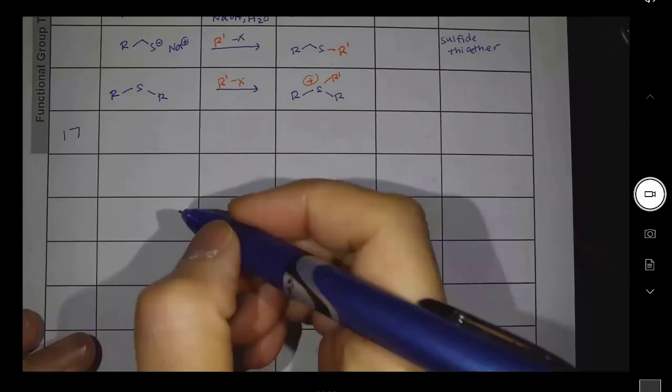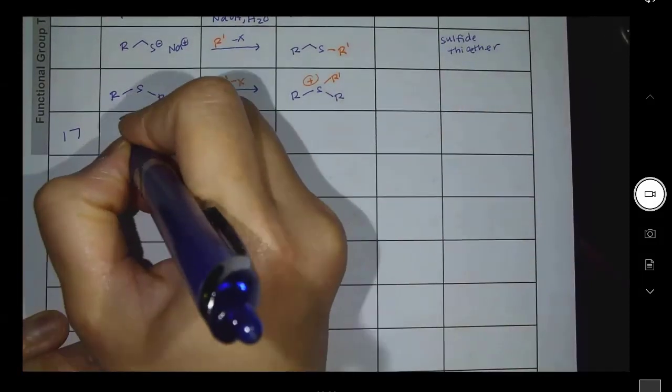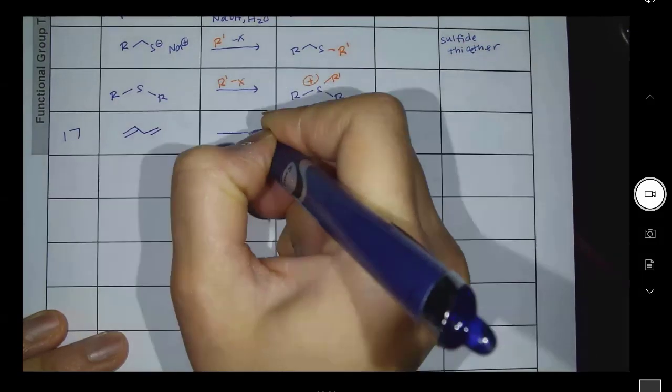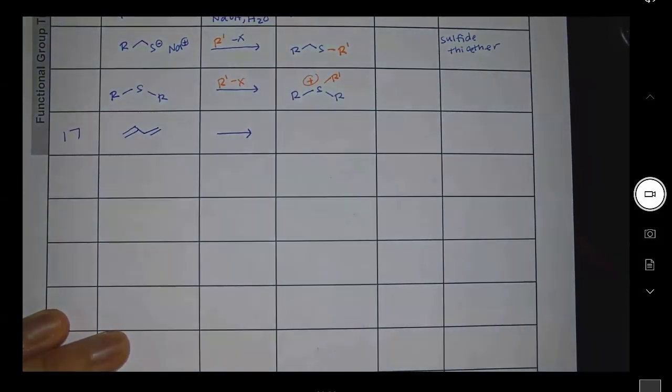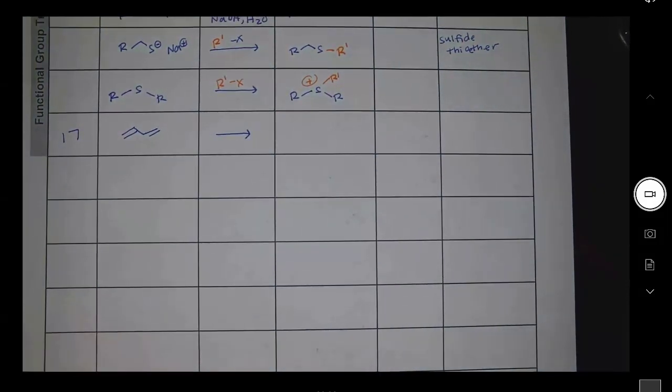And we have the diene, the conjugated diene. And I'm going to number these 1, 2, 3, 4.